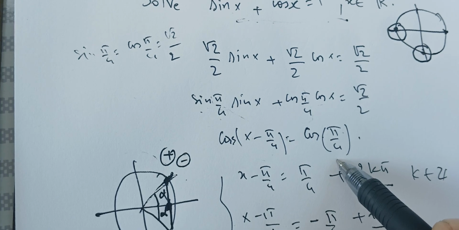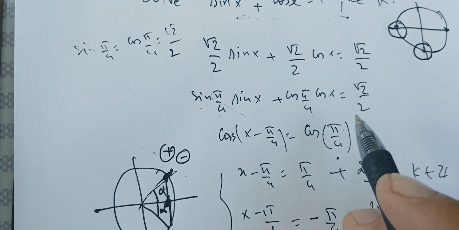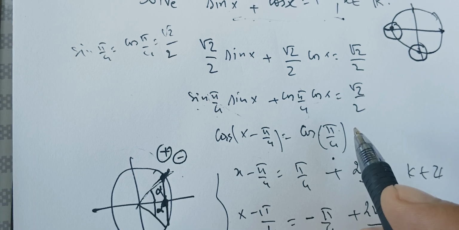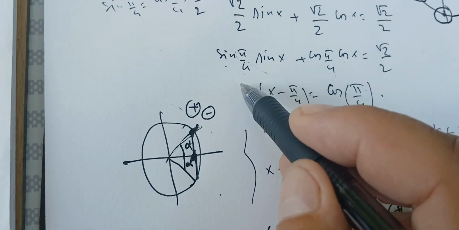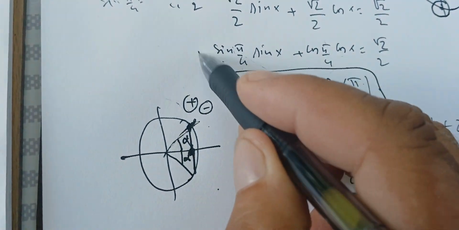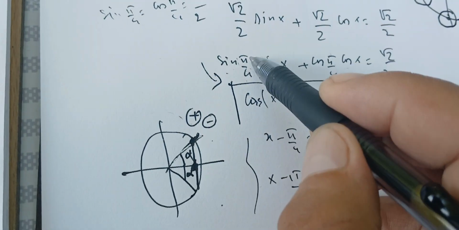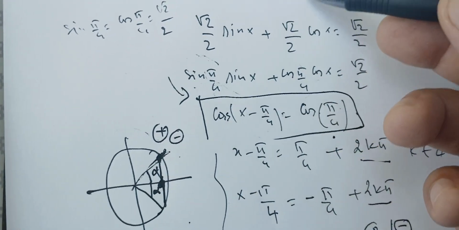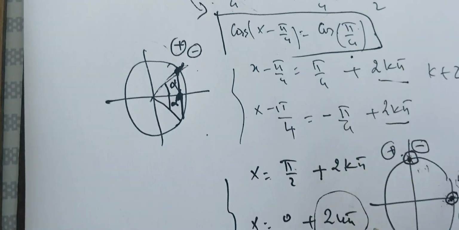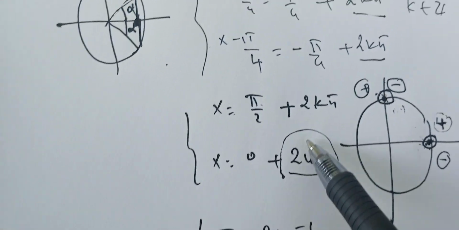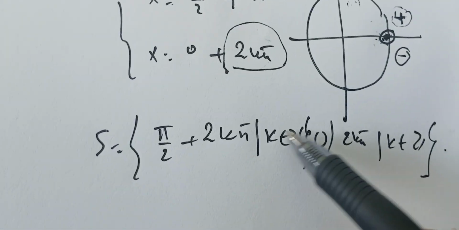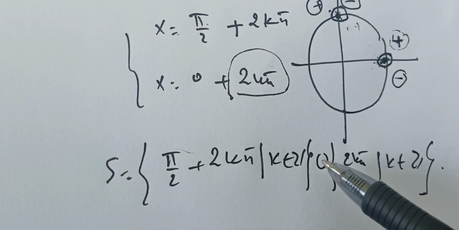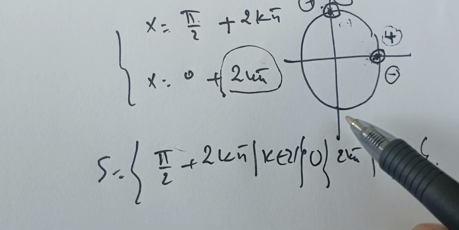In that case, will you get something different? You can put the cosine here instead of the sine and see what you would get. Anyways, these are the solutions, and this is the general solution for this equation written in Z notation. Thank you.